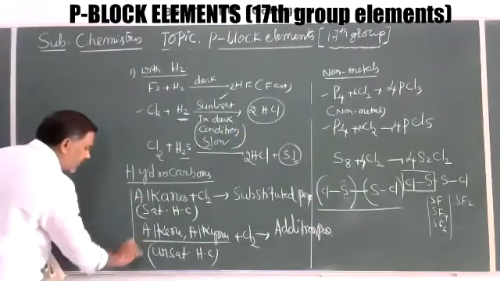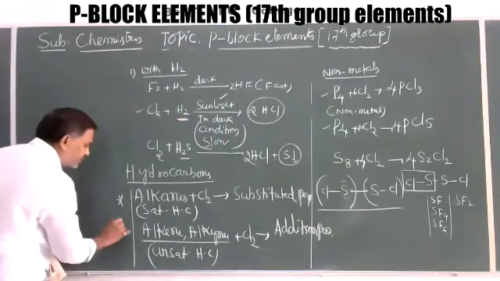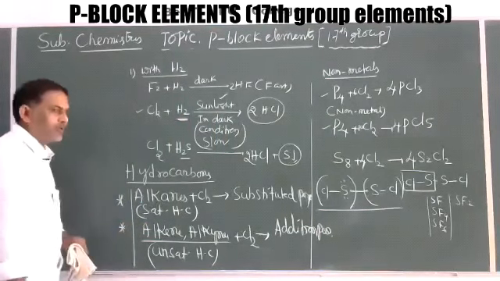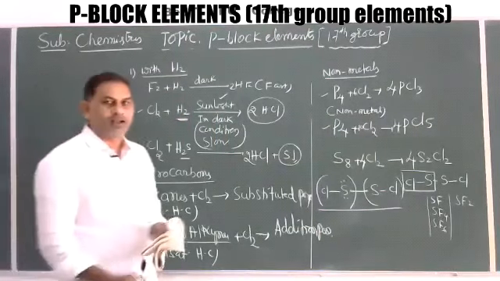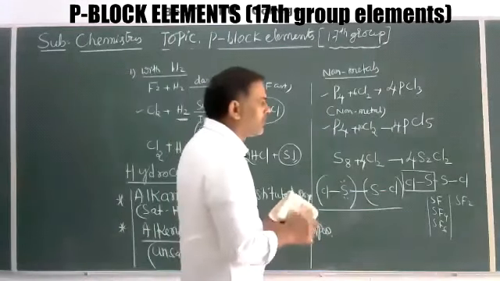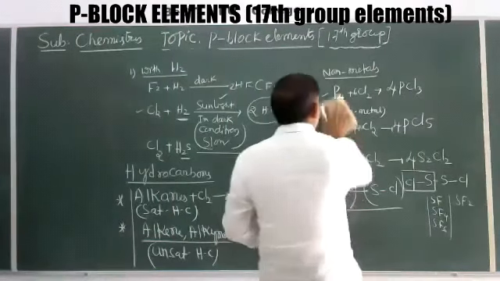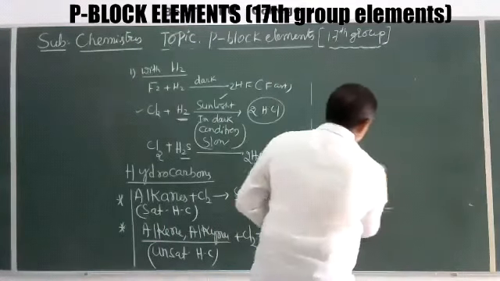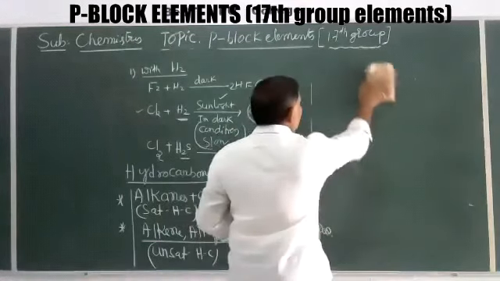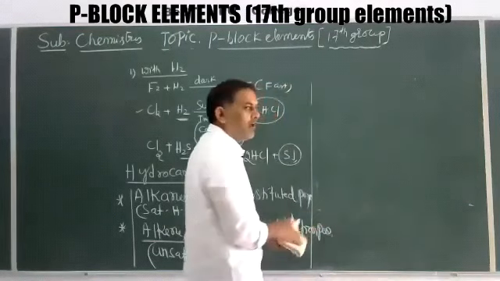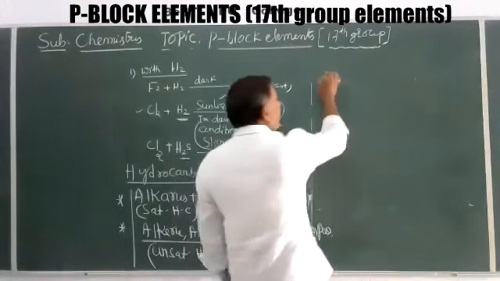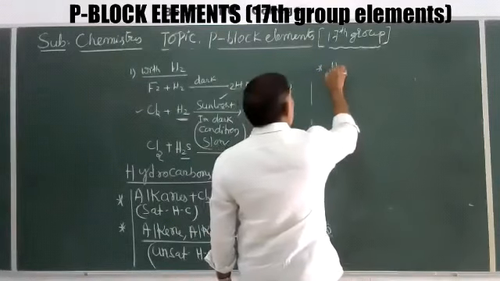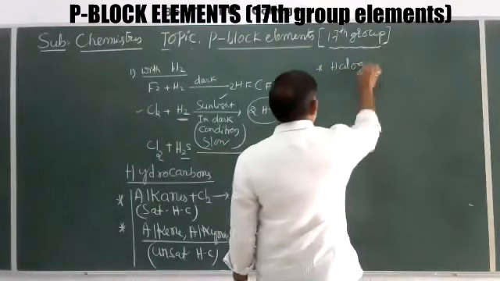Already in first year, in 11th standard, hydrocarbons, alkanes, alkenes and alkynes were explained. One of the most important reactions you first see in 11th standard is chlorination of methane, halogenation of methane, an alkane. A very, very important reaction, that is halogenation.